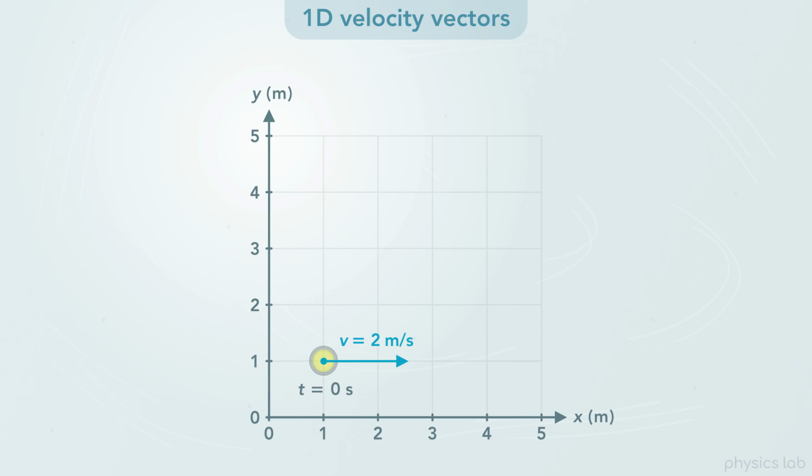So that's the velocity vector at this initial point. What about 1 second later when the stone is here? The velocity vector at this time would be the same. The stone has a constant velocity, so the velocity vector is the same at every point.